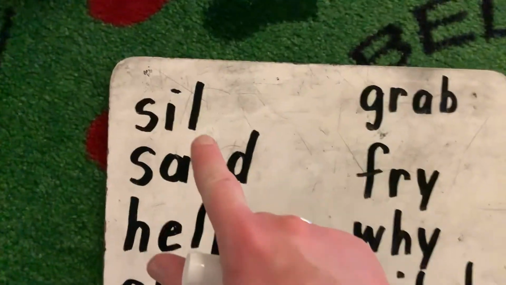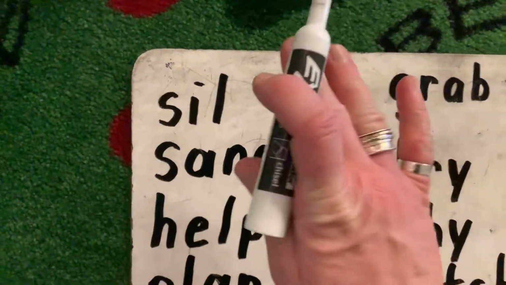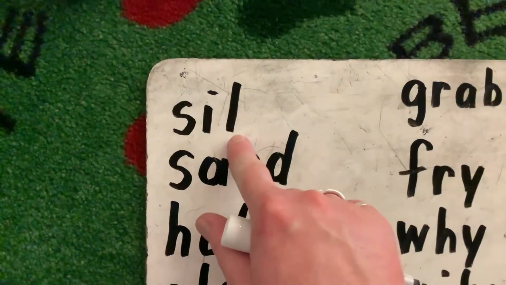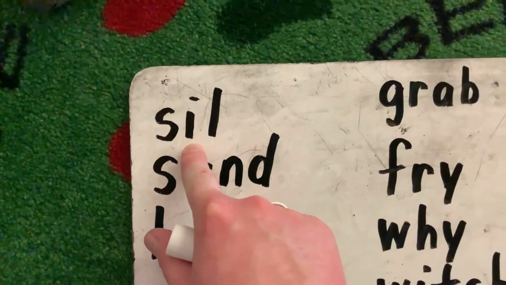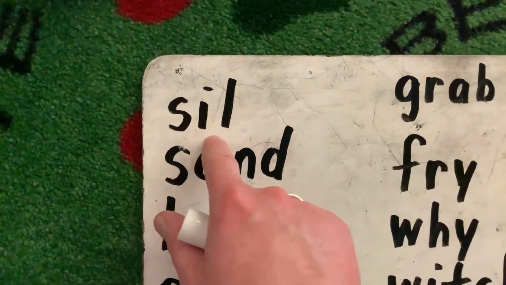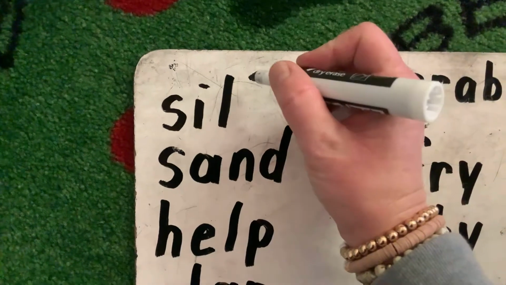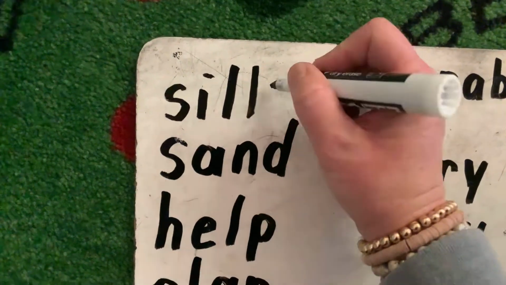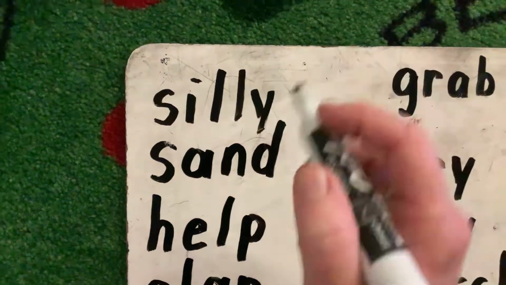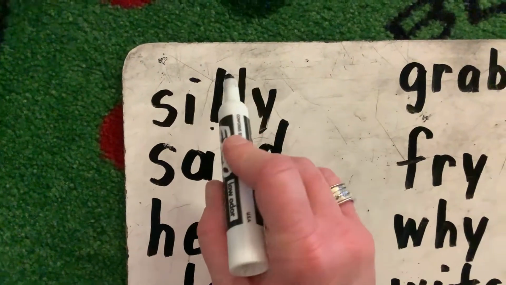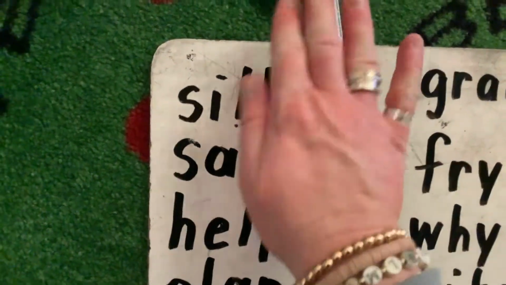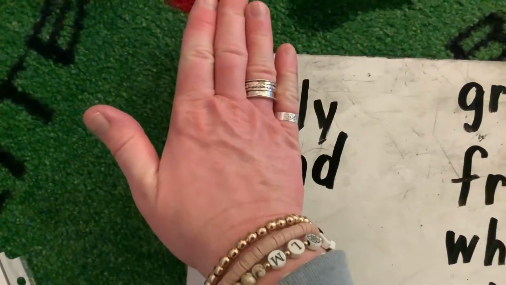So I have part of a word here. I have the syllable, closed syllable. Our vowel says its sound, ill. Now the second syllable, lee. Lee. And I know that we heard both sounds when we broke it up in our syllables. Sil, lee.